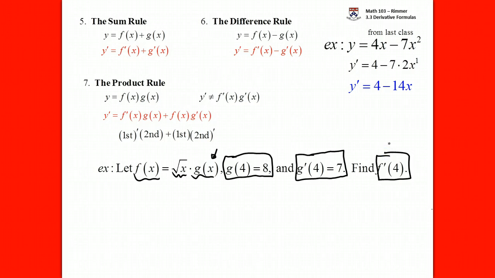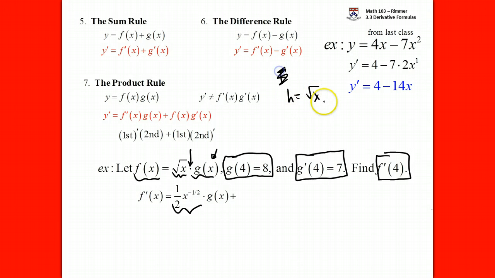Because f is a product, I'll do the product rule. I'll take the derivative of the first, which is that guy. And once you do it enough, I want you to be able to skip this whole step here. But yes, it's x to the half, and you take the derivative, you bring the half down, you take x to the negative 1/2.